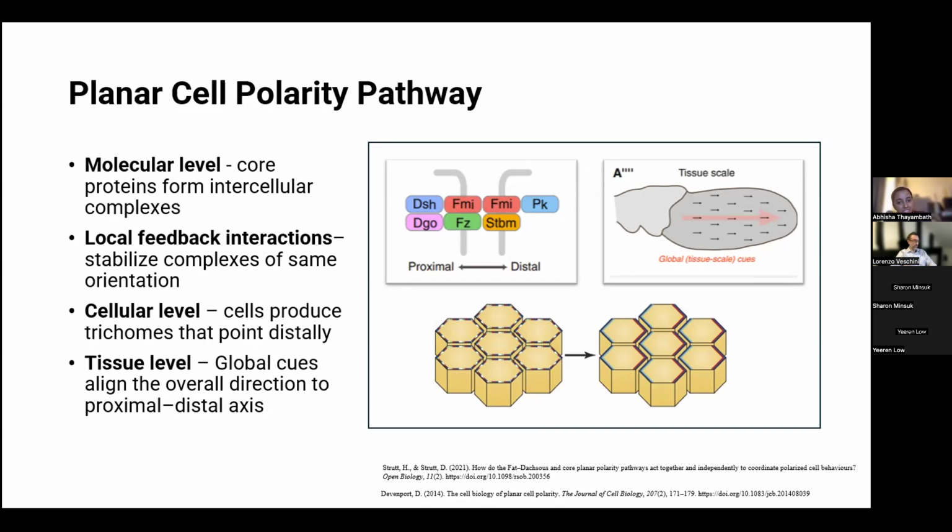These hexagonally packed cells at a tissue level orient along the proximal distal axis, which is basically from left to right, with the help of some global cues. Starting from a configuration where all these proteins are uniformly randomly distributed, over time the proteins segregate and localize to opposite ends of the cell.